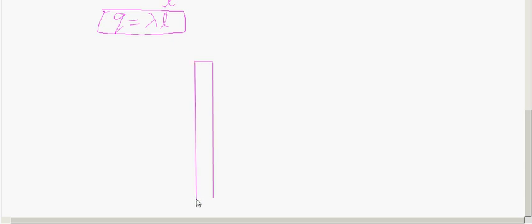I am drawing this much length, and it has uniform charges, plus q, which we have assumed.